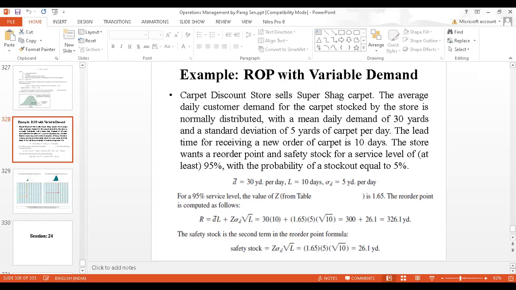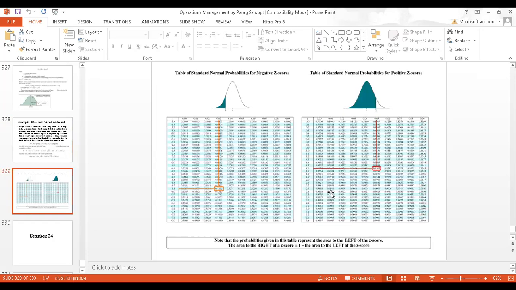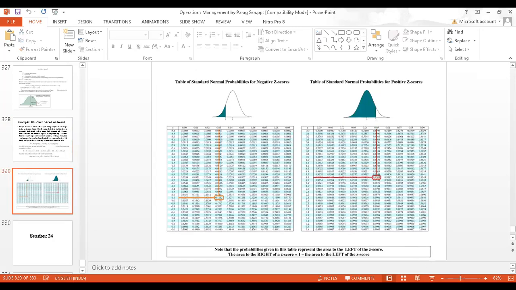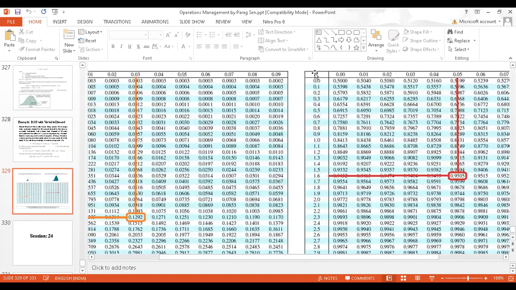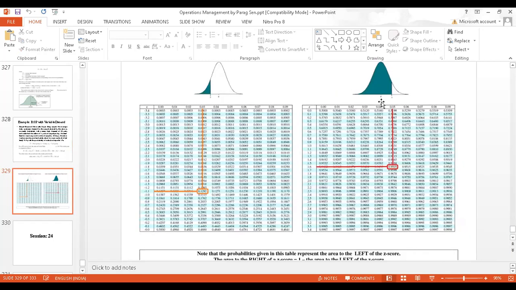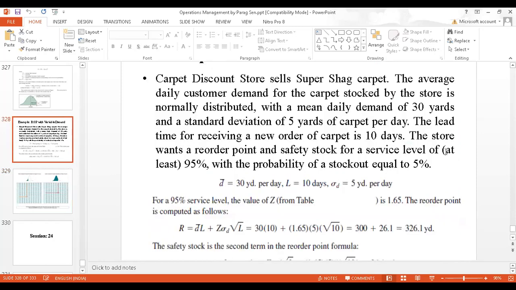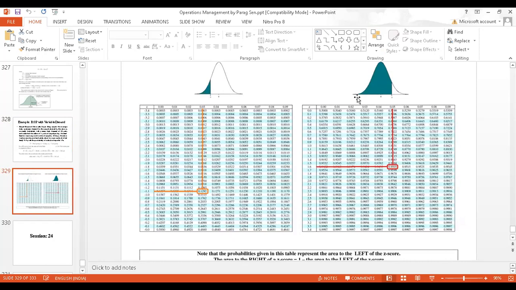So suppose you want a service level of 50%, then what will happen? For 50%, automatically we know that the Z value is 0, and it is common sense that when the Z value is 0, you will have a service level of 50%, because the area under the curve will be 50%.